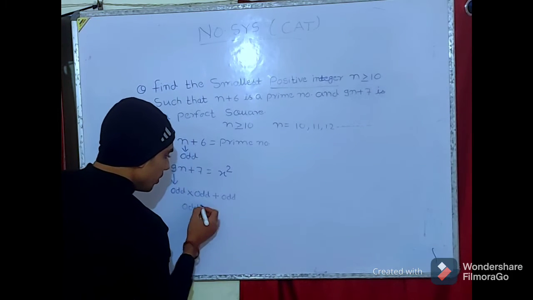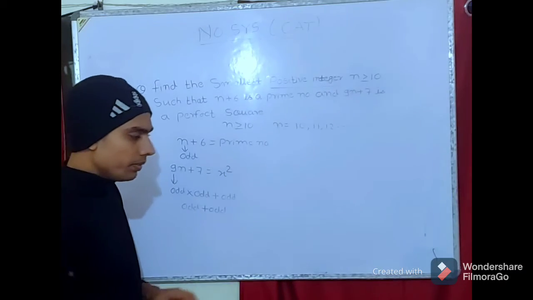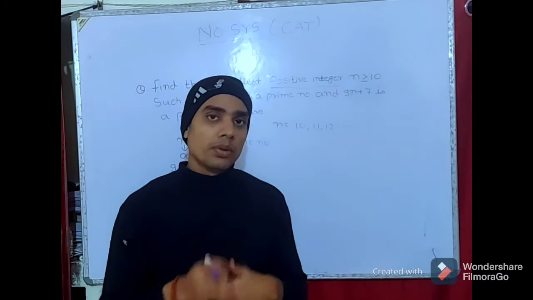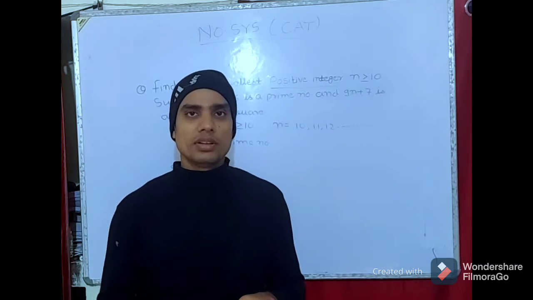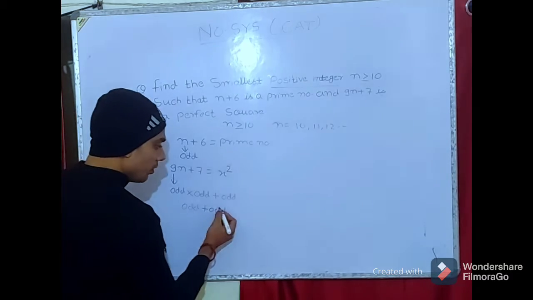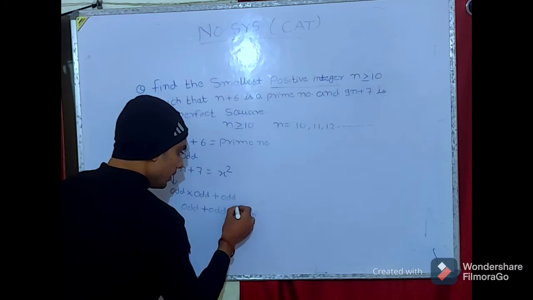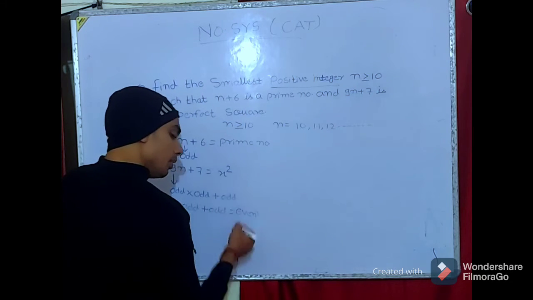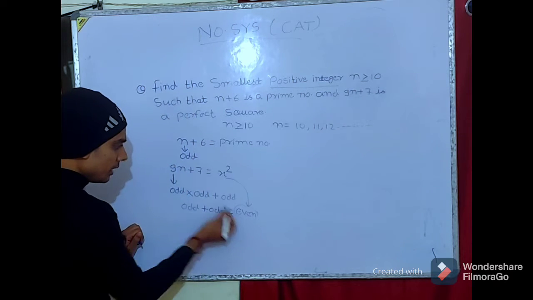So odd into odd plus odd. When two odd numbers are added, we get an even number. So odd plus odd is equal to even. So we found that x must be an even number.